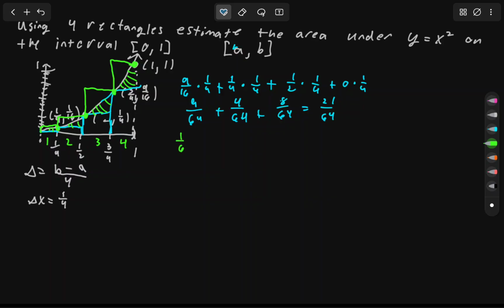So we get 1/16 times 1/4, plus 1/4, which is the height at 1/2, times 1/4, plus 9/16, because that's the height of this third rectangle, times its width, which is 1/4.